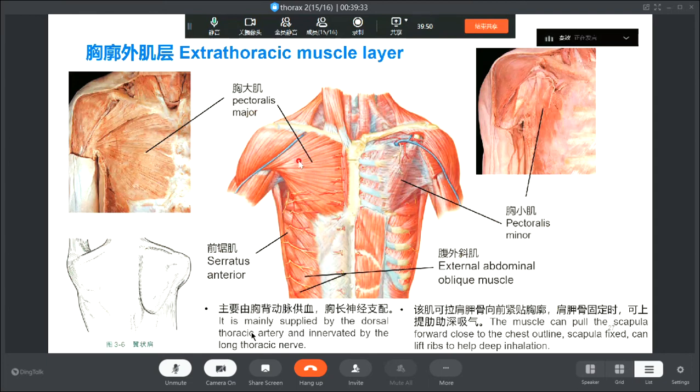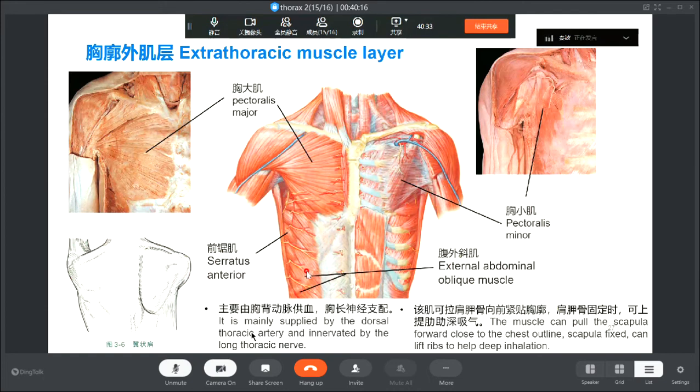If you use the knife to remove this muscle, we can see the pectoralis minor. Also in the lower part of the thoracic wall is the serratus anterior, 前锯肌. You can also see the abdominal muscle, the external oblique muscle.